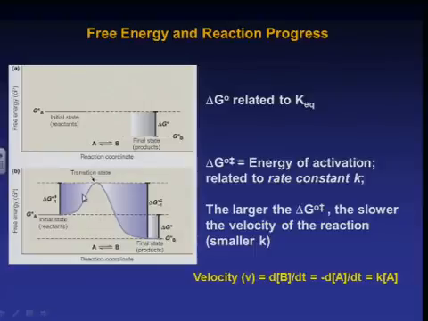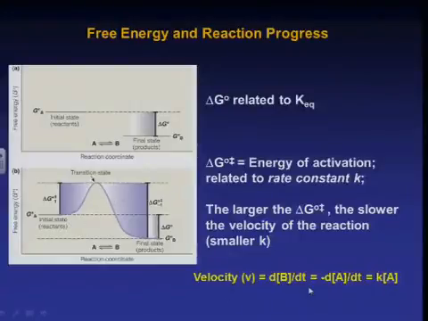If this has a very high energy of activation at any particular point in time, you have a small number of molecules that have enough energy to get over it, right? So the rate is the rate at which these little ants or whatever are able to finally get up and get over the top, all right?